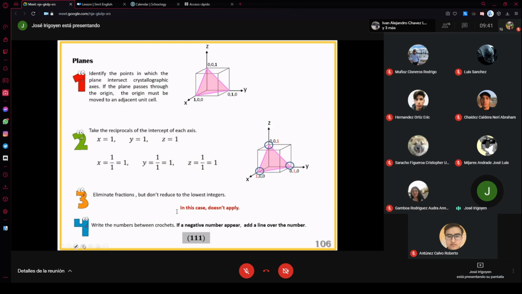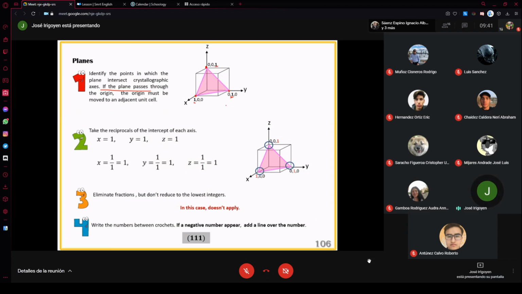In this example, you don't have this case. So we need to identify the points in which the plane intersects the crystallographic axes. Here you have one point, the other point, and this one. So the intersection in Z is going to be 1, the intersection in X is going to be 1, and in Y also is going to be 1.